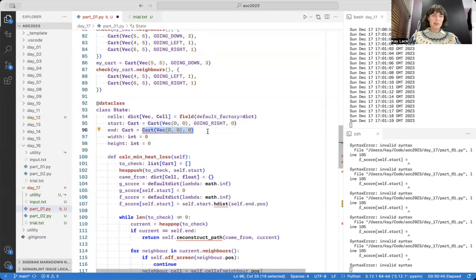And then the end, this is going to be a problem, but probably not that big a problem. If we say that this is a vec, at least that will remind us.